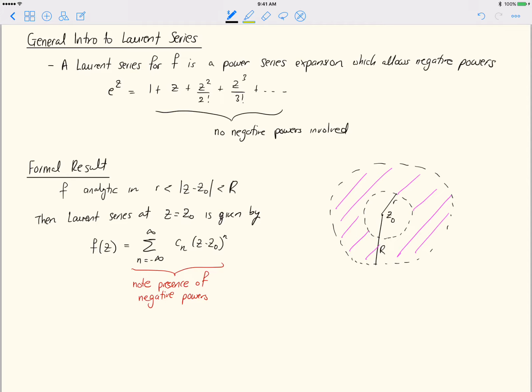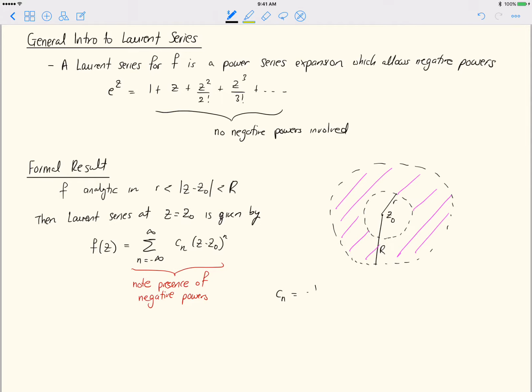Now you may be wondering, what is that coefficient Cn given by? Do we have an expression for it? Well, yes, we do. We have the following formula for Cn.